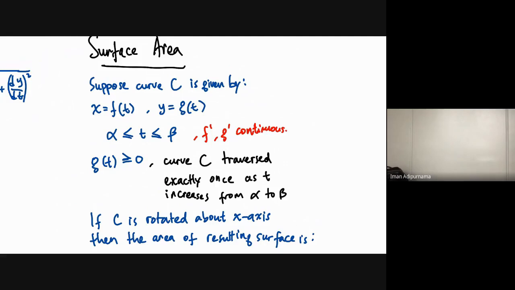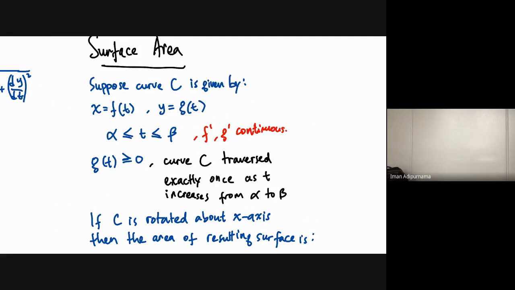And then the important point is this one. The curve is traversed, or moving, exactly once as t increases. So what does it mean? It means it only moves in one direction, only once as t increases. So there will be no loop. Remember that in the previous courses we saw that from parametric equations we can graph looping curves.